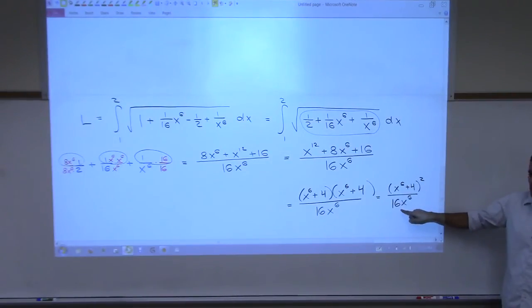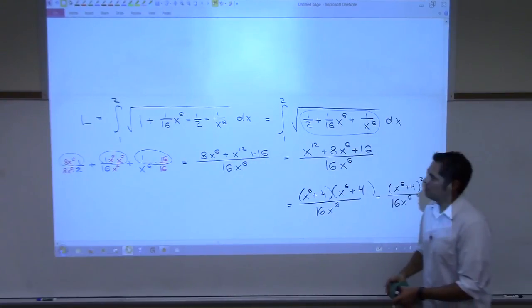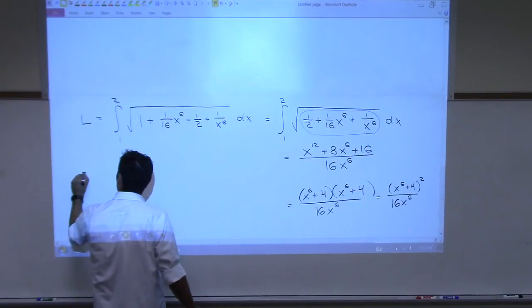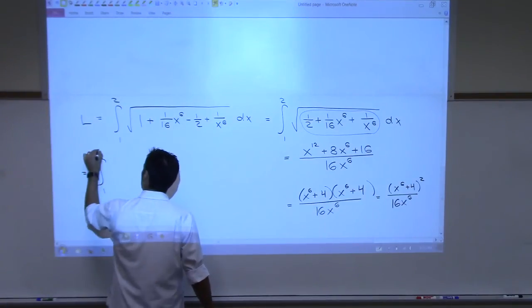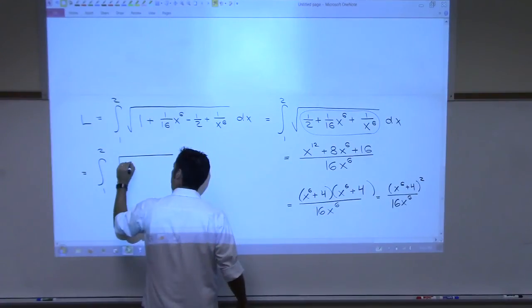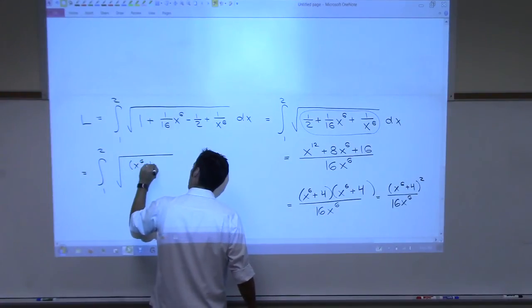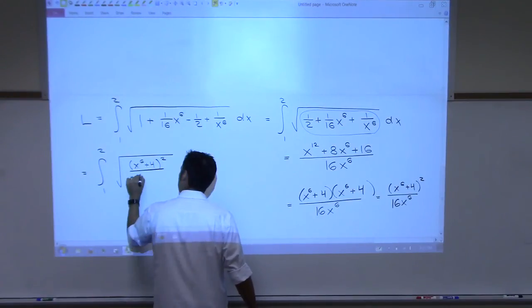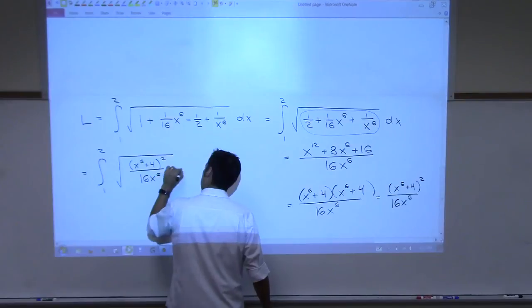And the square root of the bottom is pretty straightforward. So let me continue. I have equals the integral from 1 to 2 of the square root of x to the 6th plus 4, squared, over 16x to the 6th, dx.